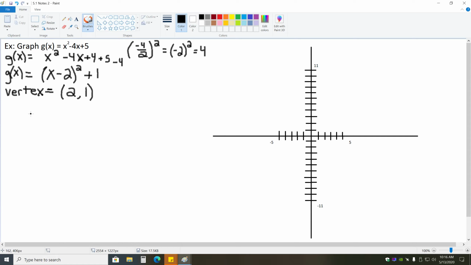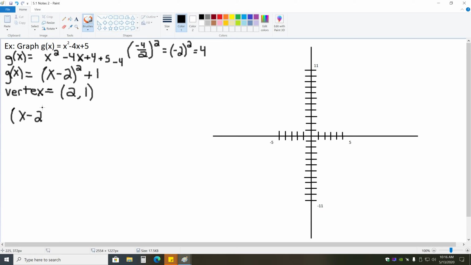Now we need to find the x-intercepts. We can do this a lot of ways. The way that I'm going to use is setting this part of the equation, x minus 2 quantity squared plus 1, equal to 0. You could also set the x squared minus 4x plus 5 equal to 0, however you prefer.